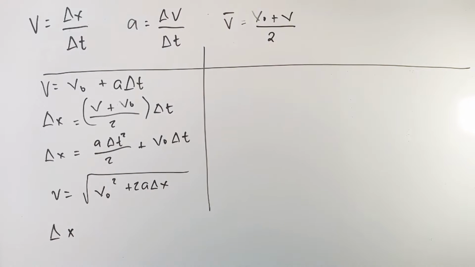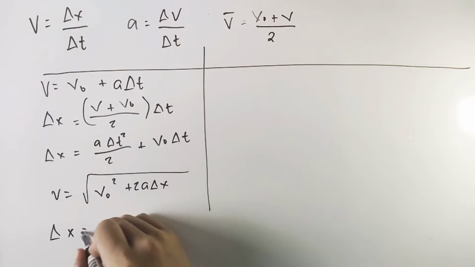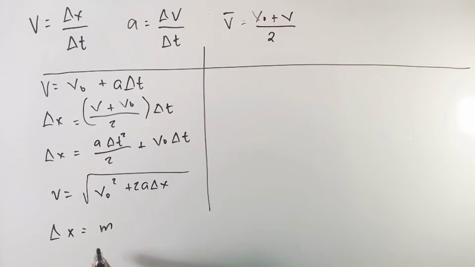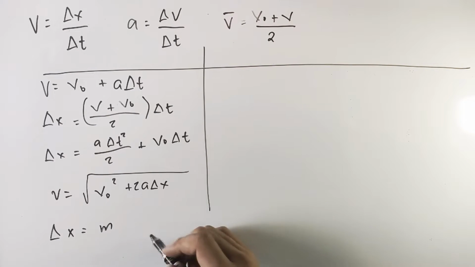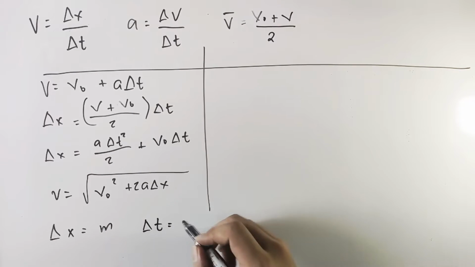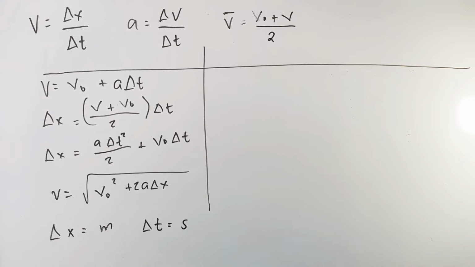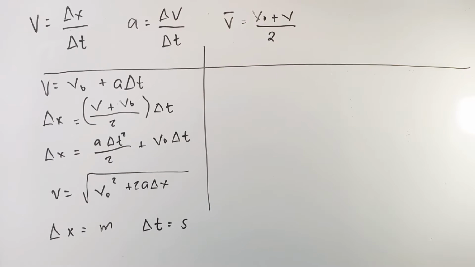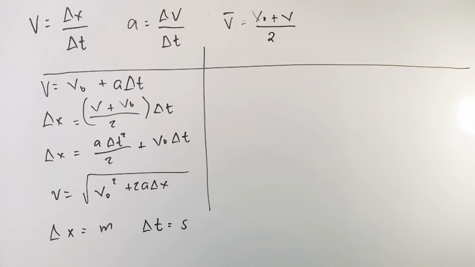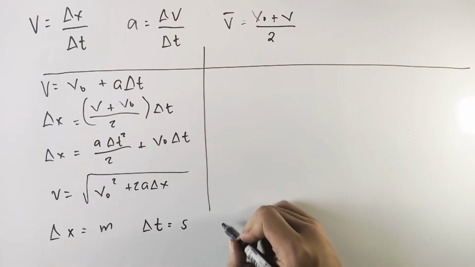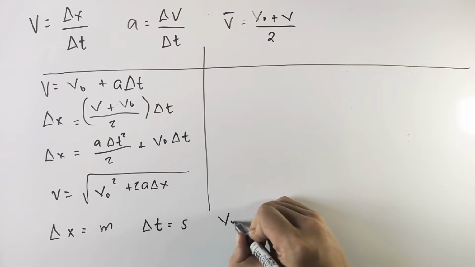Okay, so for displacement, our variable for that is usually in meters. So this is the SI unit for that. Okay, for time is in seconds. Okay, so if it's in other dimension of units, change it to seconds. Okay, you can refer to the review section for that, how to do that. So we have initial and final velocity.